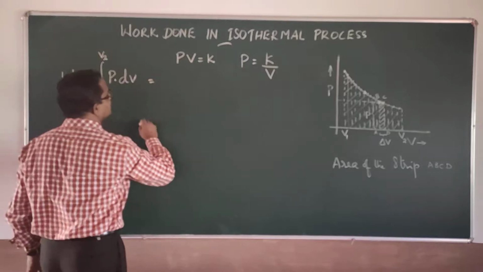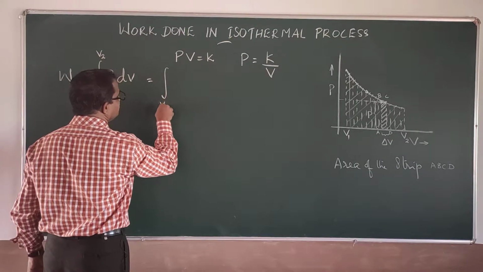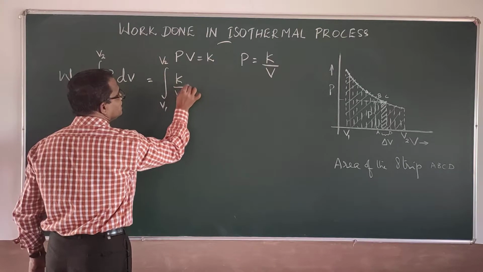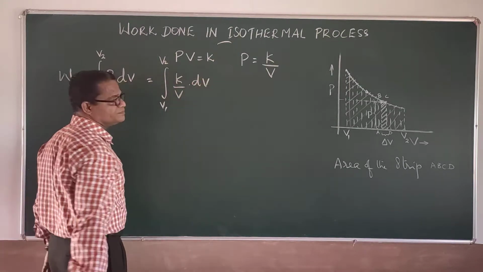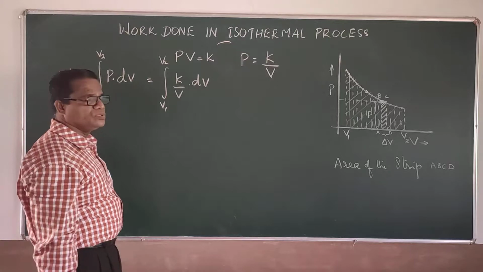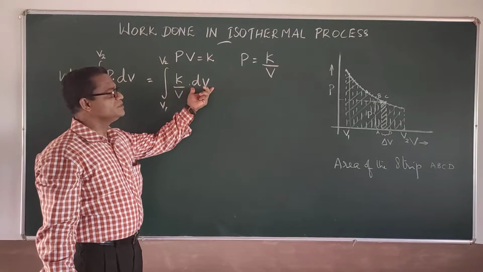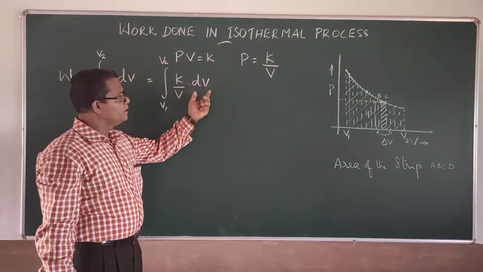So this can be written as integral V1 to V2 K by V into dV. So you can do the integration easily because volume is there with respect to changing volume.